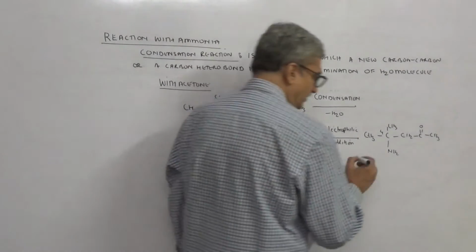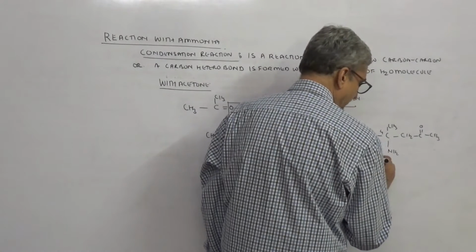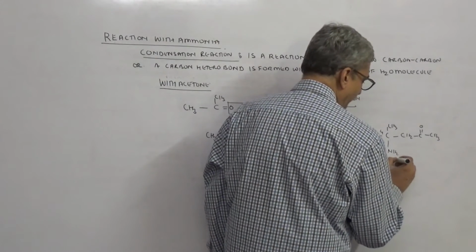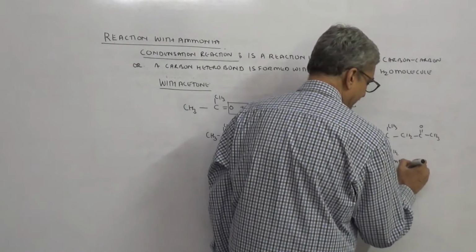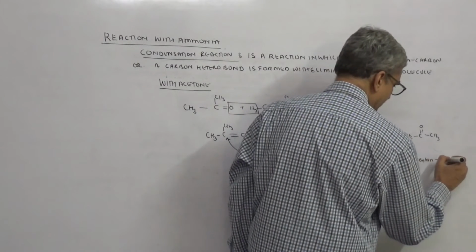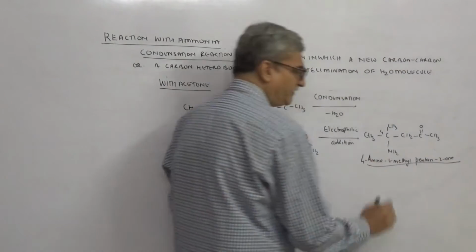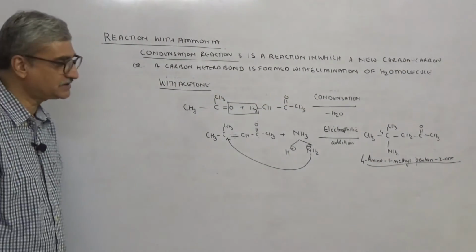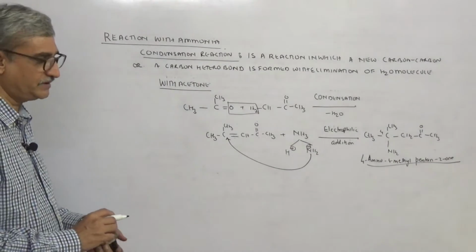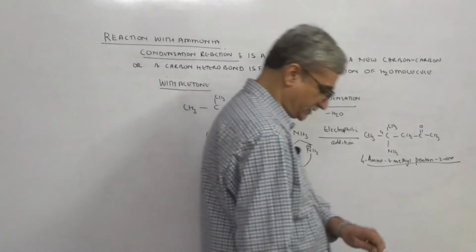So what is this coming as? 4 amino, then we have 4 methyl, pentane-2-one. We have pentane-2-one. Are you understanding? So this was about the reaction of ammonia with acetone, okay, very important.